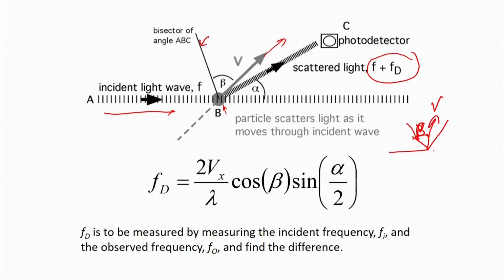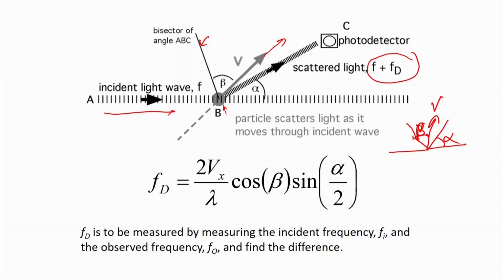This is the velocity vector, and this is the angle alpha, which is the angle between the incident light and the photodetector, this line ABC. If you take the angle between the line which bisects ABC and the velocity V, that is beta. Okay.